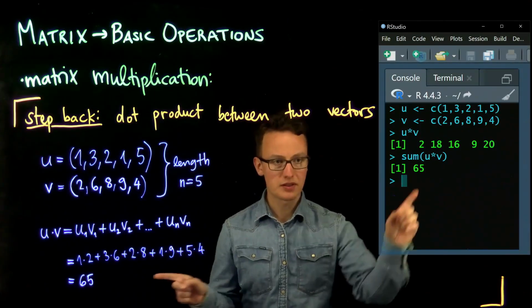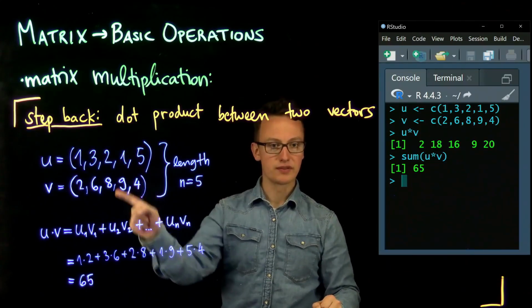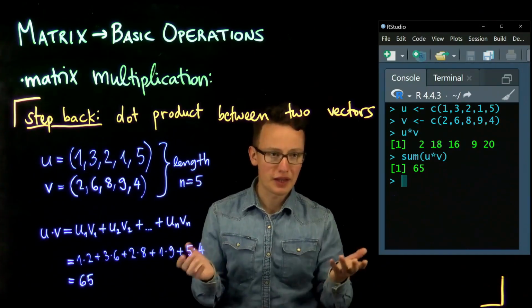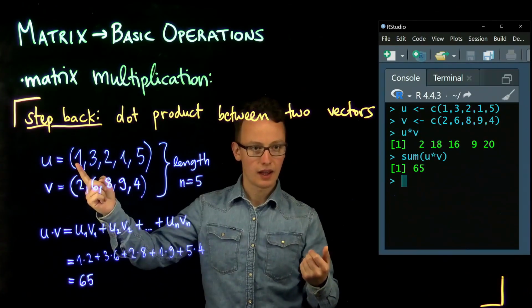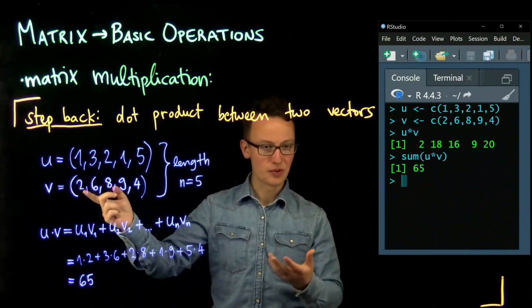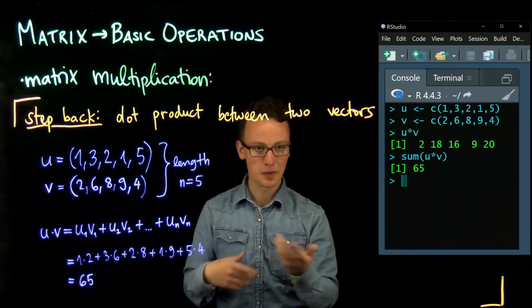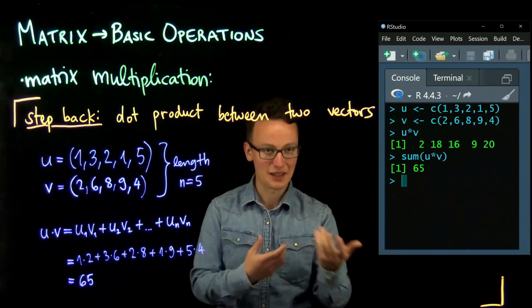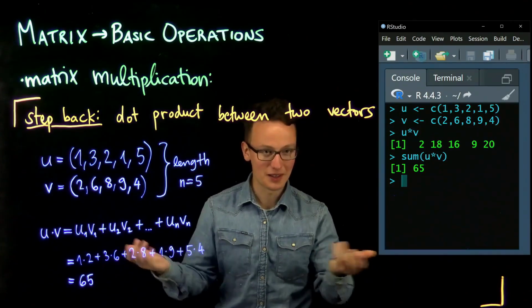So in summary, this 65 is the dot product between the two vectors u and v as given here. Another thing I can do is also take the vector u and then again the vector u, like take the dot product between a vector and itself. That is obviously possible because if I take the vector itself, this condition that they have the same length will be satisfied trivially.